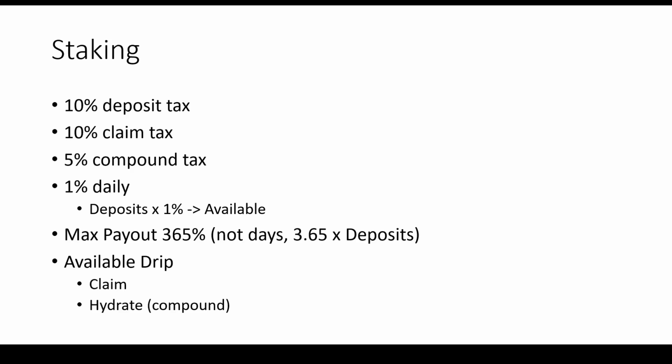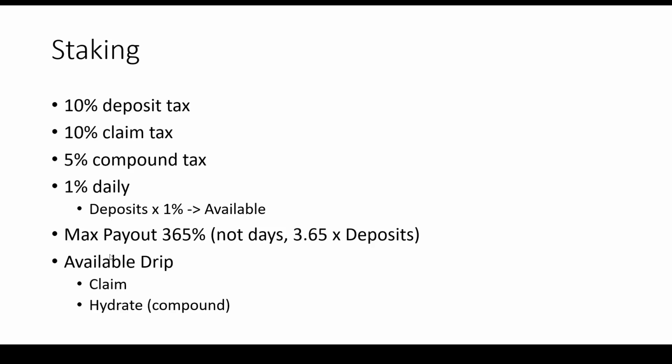Just keep in mind that this isn't meant to represent 365 days. You don't necessarily get 1% for 365 days. You might get it for longer than that. If you add more deposits, the system is going to keep paying you for longer than 365 days. Again, I'll have examples.